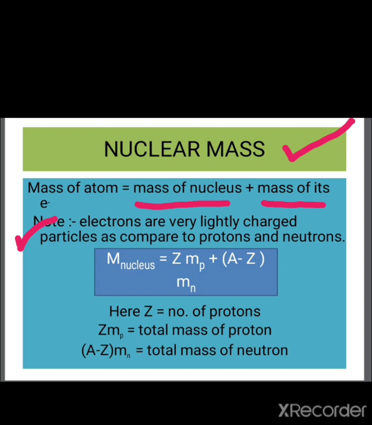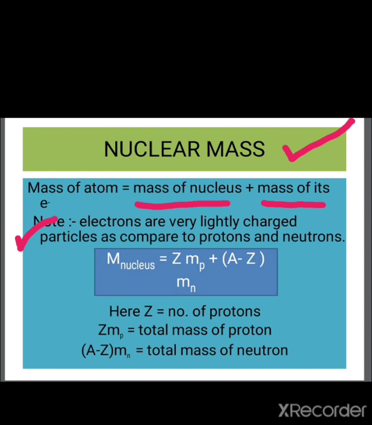So we can say that 99% of mass of atom is contained in the nucleus, because as I already said, electrons are very light particles, so we neglect the mass of electrons here and we consider that 99% of the mass of atom is contained within the nucleus.